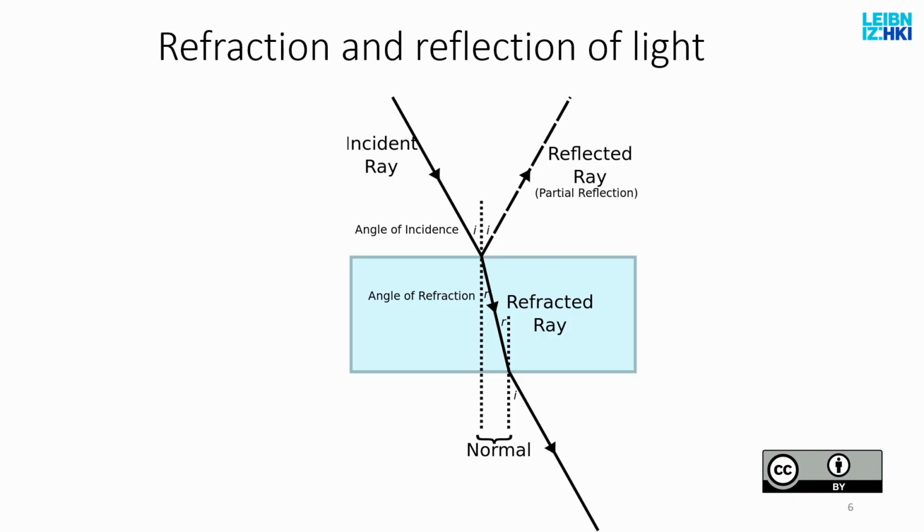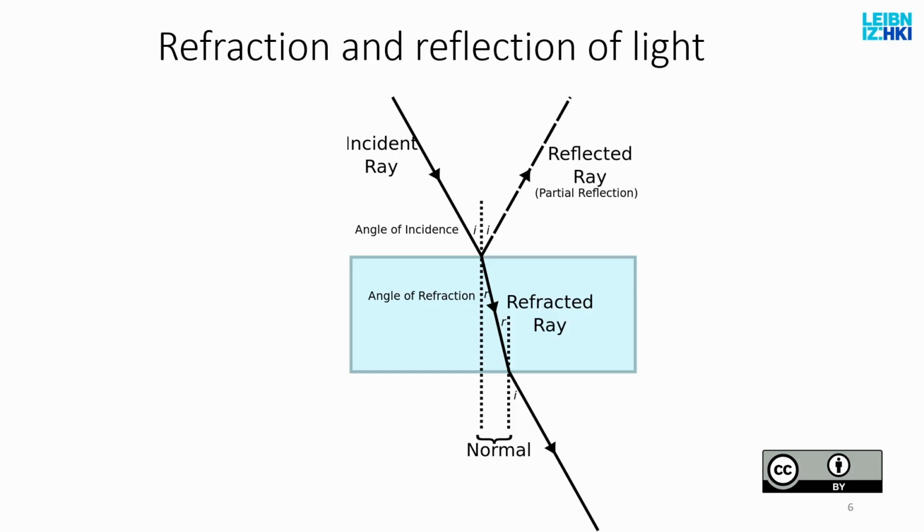And this, of course, also means that if I have a piece of, let's say, glass in the light path with parallel lines, then the light beam will refract towards the optical axis, and then when it exits the medium, since the ratio is constant, when I go from an optically denser medium to an optically less dense medium, for example, glass to air or water to air, the light beam will bend away from the optical axis by the same extent, because the law says the sine function ratio is constant.